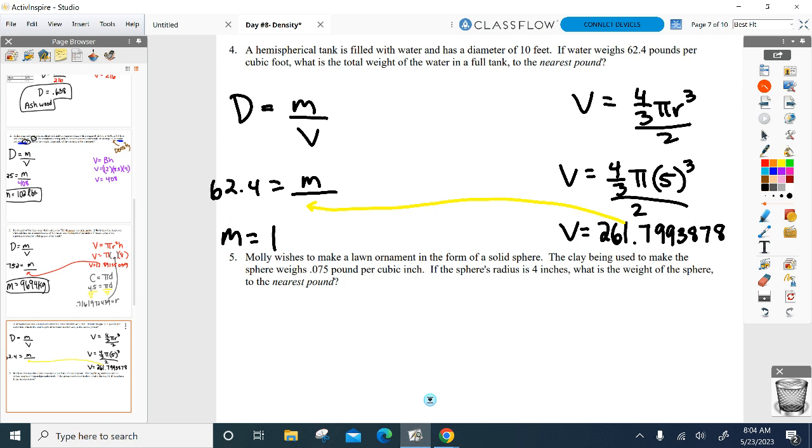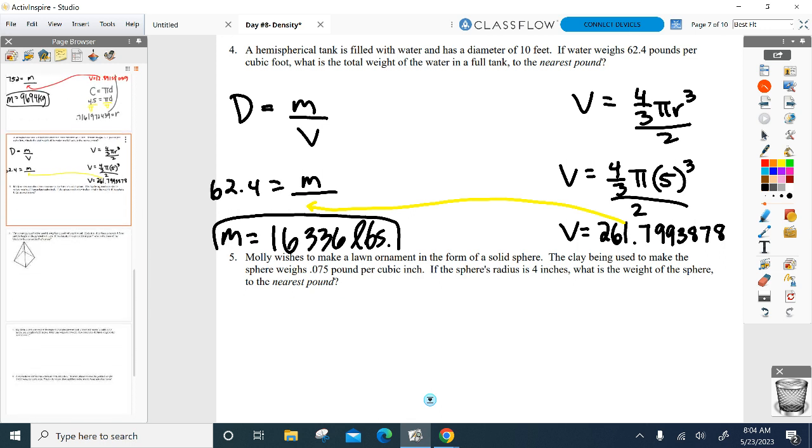Woo! It's one heavy tank. It's a heavy tank. All right, I'm going to skip over here because the homework is to finish some of these problems, so I'm not going to keep doing the same type of problem.